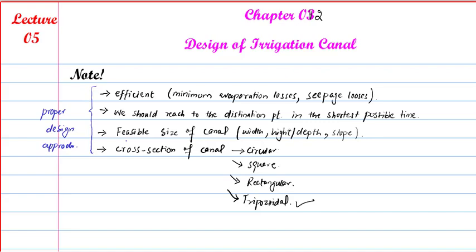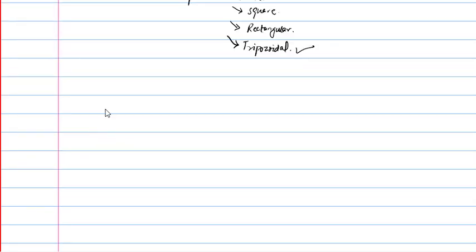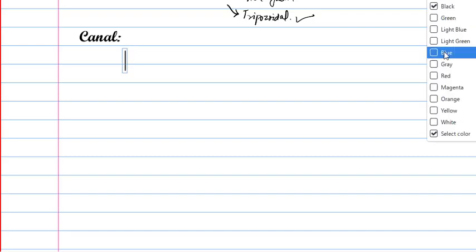So the next point is that before starting the designing, we need to know what actually a canal is. Definition of canal. Okay, so how can you define a canal? Let me choose a different color to write the definition of canal.